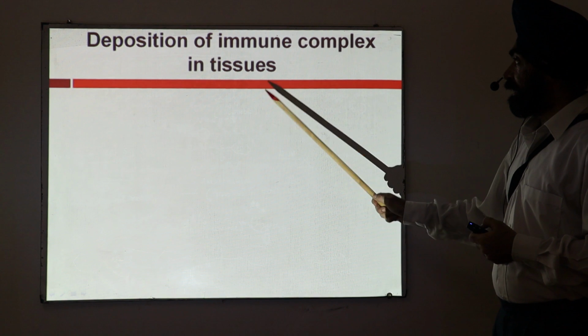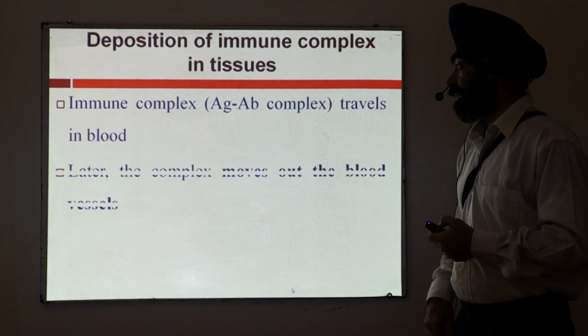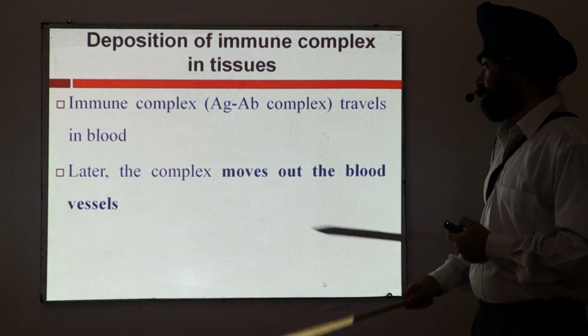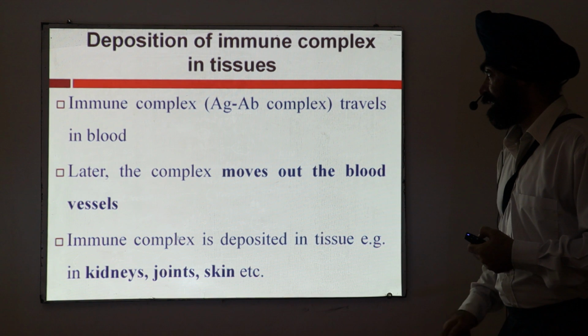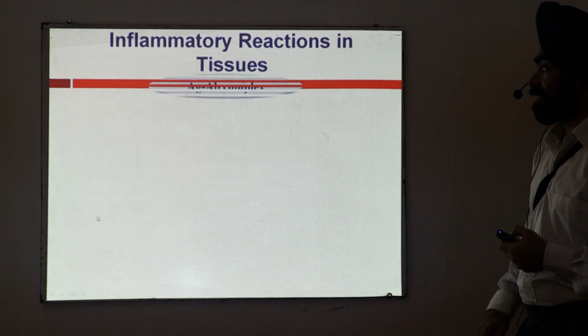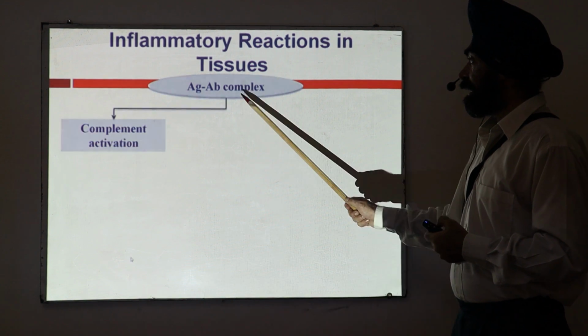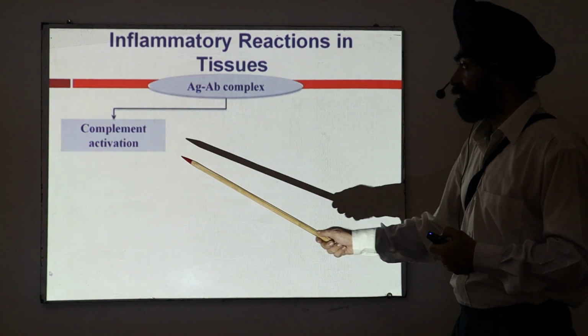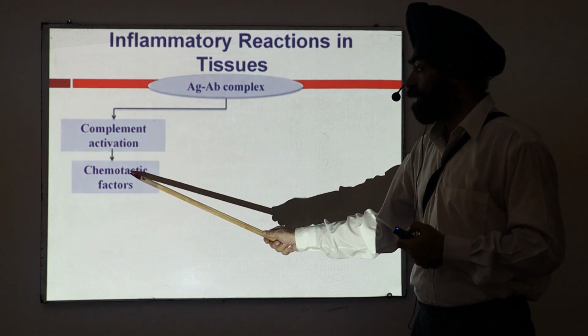So second step, deposition in the tissues. So immune complex travels in the blood. This moves out of the blood vessels and is deposited in tissues like kidney, joints and skin. Inflammatory reactions. So now what will happen? If it goes into the tissues, this antigen-antibody complex will activate the complement system. This complement system will release chemotactic factor.